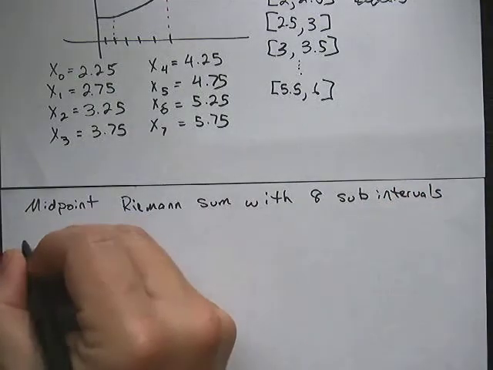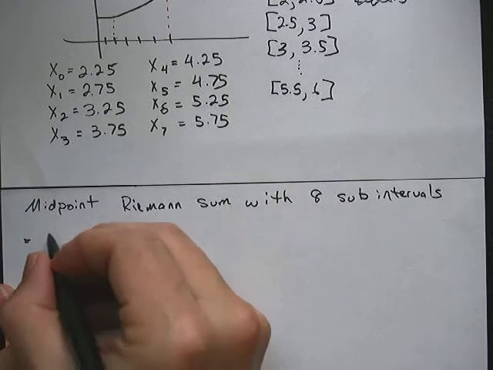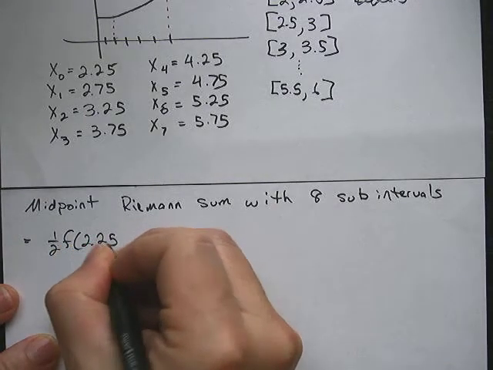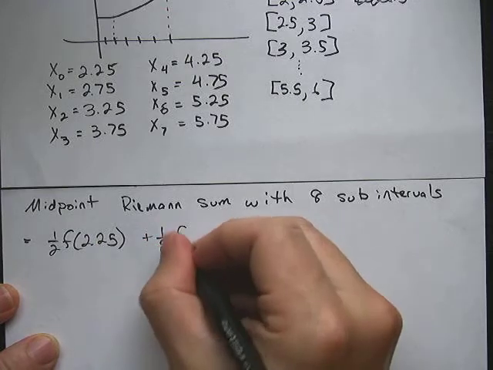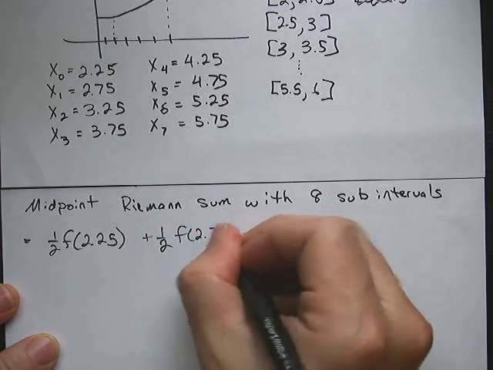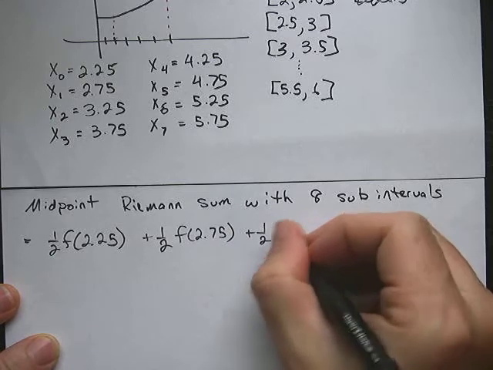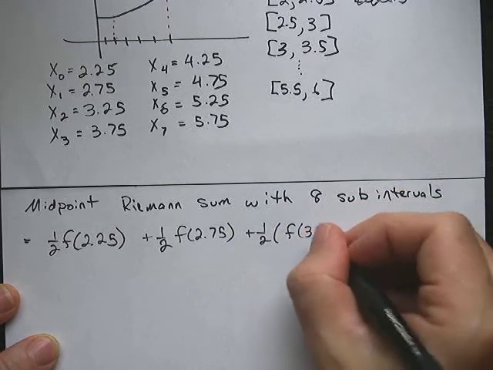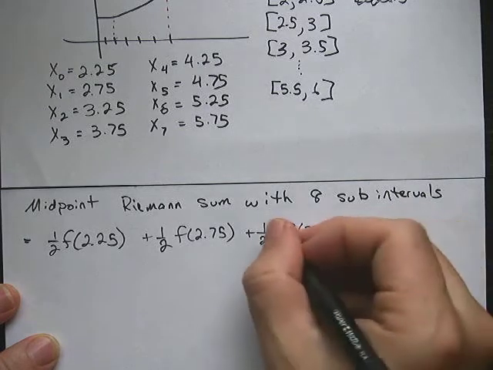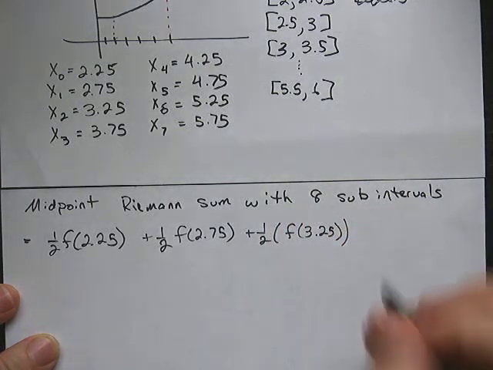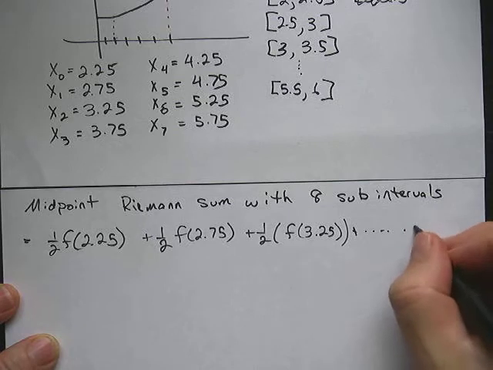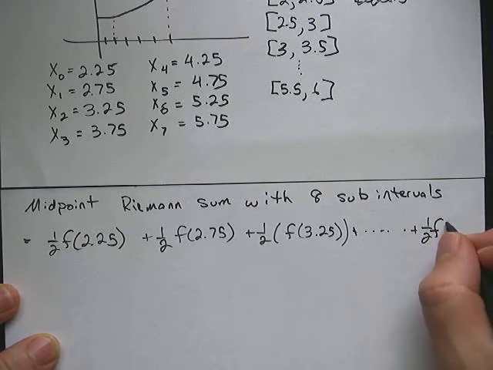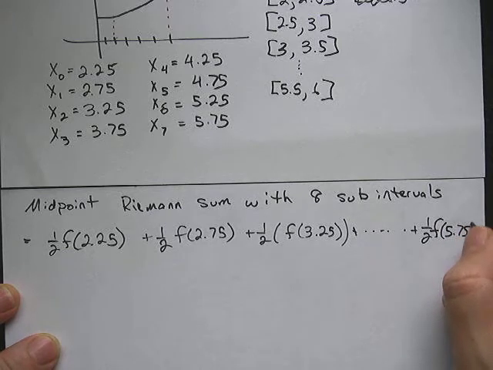That's going to be equal to 1/2 times f of 2.25 plus 1/2 times f of 2.75 plus 1/2 times f of 3.25, dot, dot, dot, plus 1/2 times f of, what's our last one? 5.75.